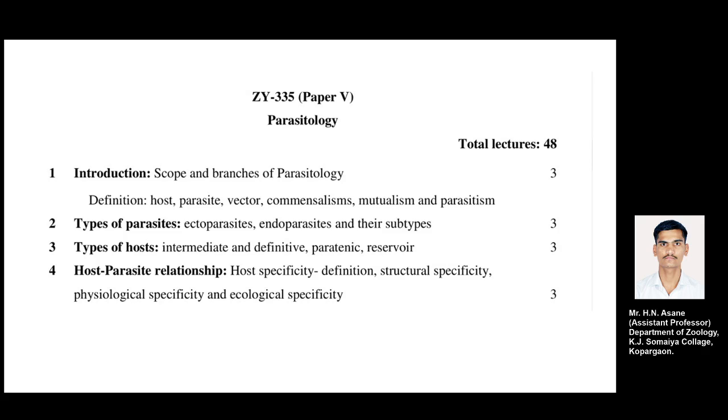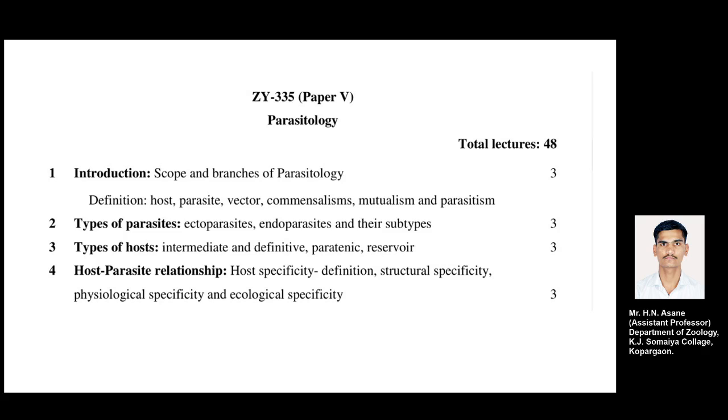We are focusing towards the second chapter, that is the types of parasite. In this chapter we are going to study the two main types of parasites that are seen: the ectoparasite and the endoparasite. Ectoparasite means the parasite which lives on the host's body, in the exterior environment but living on the host.